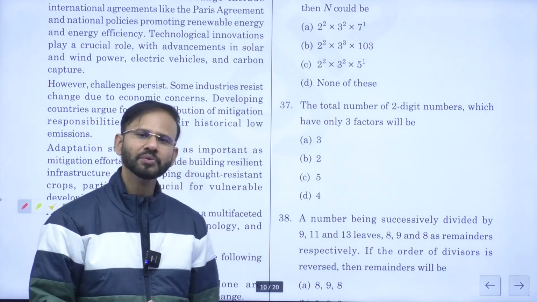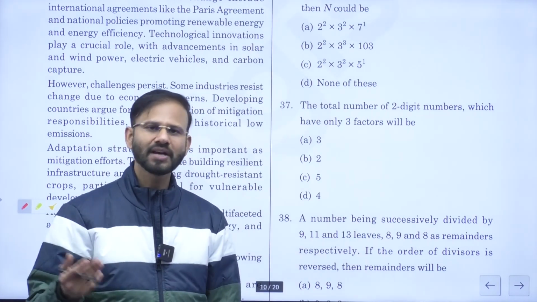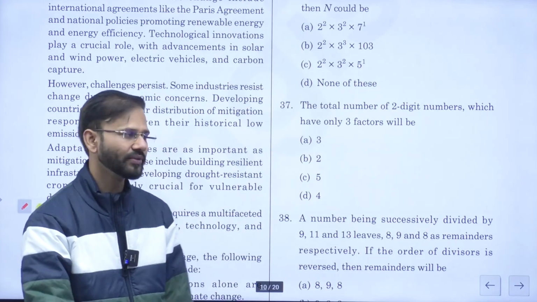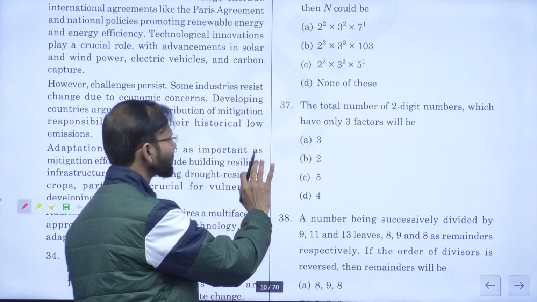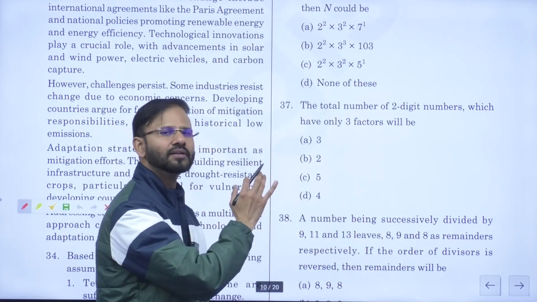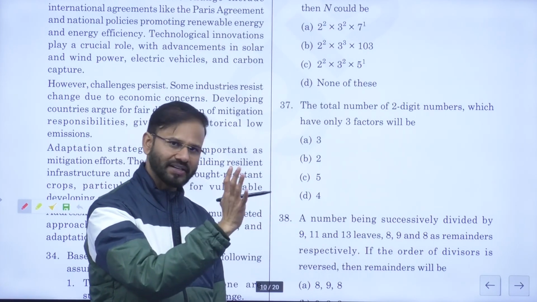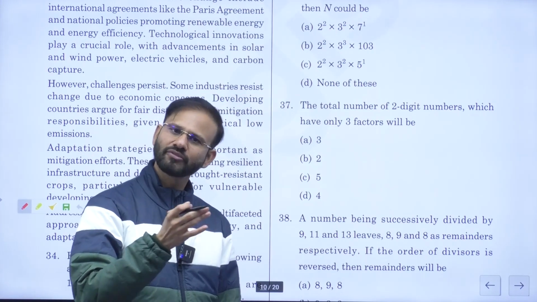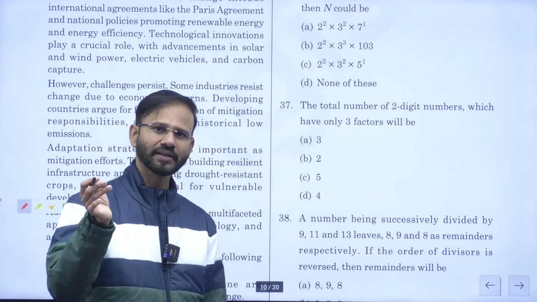Guys, let me tell you, only the squares of prime numbers have 3 factors. I repeat, the squares of prime numbers have 3 factors, right? This is the direct concept that we have taught in our class. A square of a prime number has 3 factors. For example, 9 is the square of 3. It has 3 factors: 1, 3, 9.